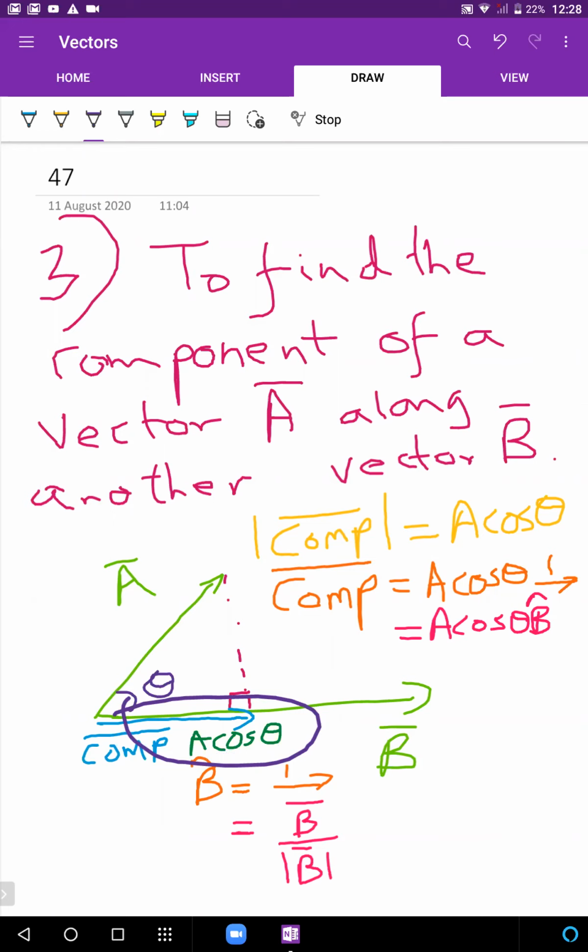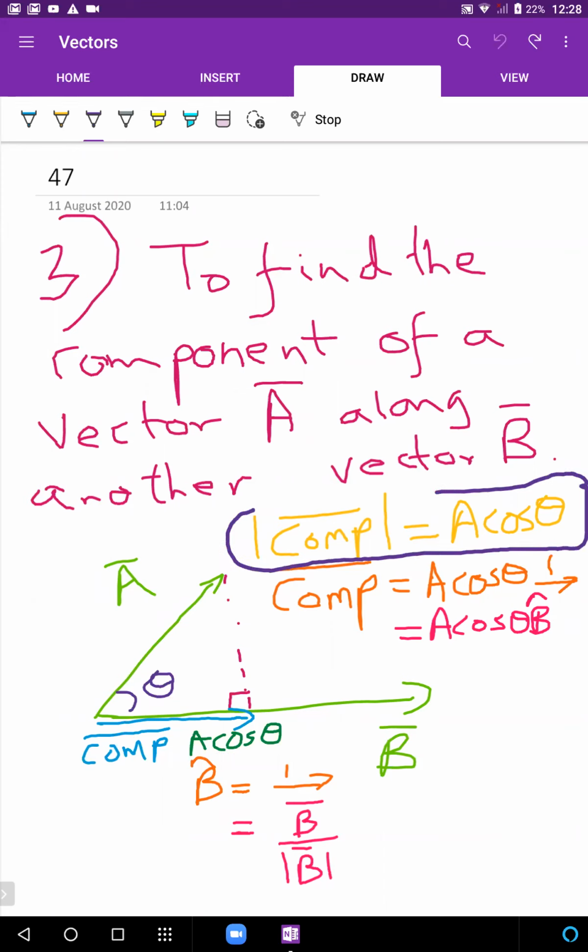Now, two things. If somebody asks me the magnitude of the component, component तो एक vector है, component is a vector, but if someone asks me the magnitude of that vector, my answer will be A cos theta.